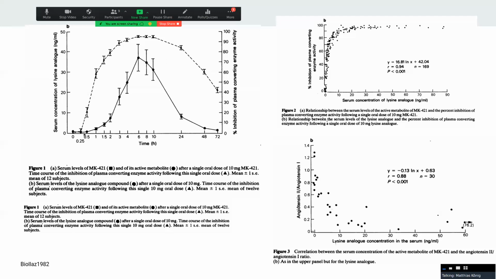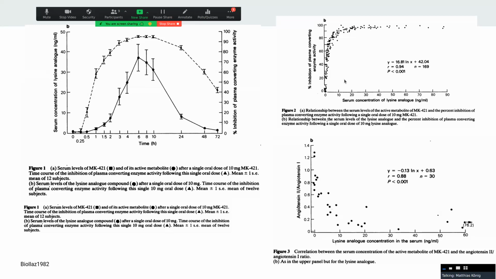Even at very low doses, you already get a very high inhibition of the enzyme, and then also a very prolonged effect. So you basically have the pharmacokinetics here: you see an increase in the plasma concentration of lisinopril after 1 to 2 hours. And you can see that the pharmacodynamic effect is basically instantaneous, and it's very strong.